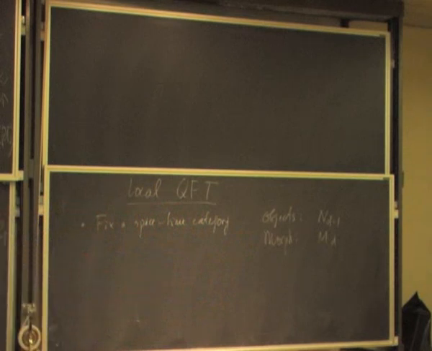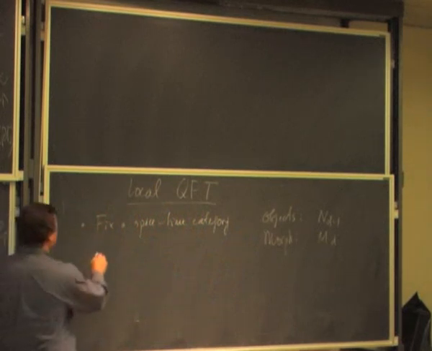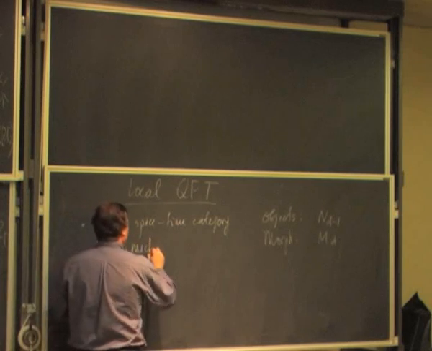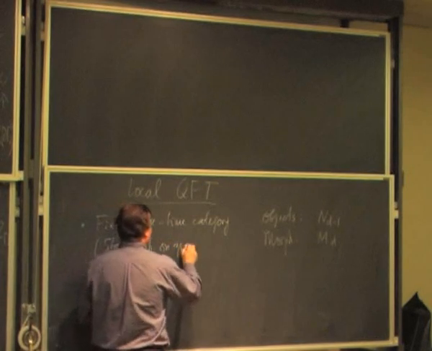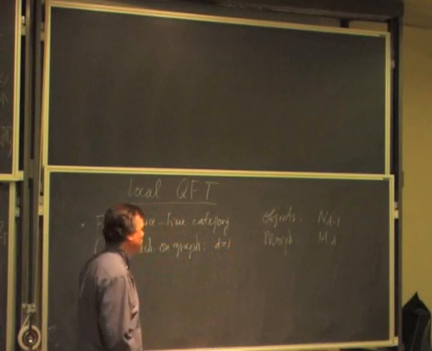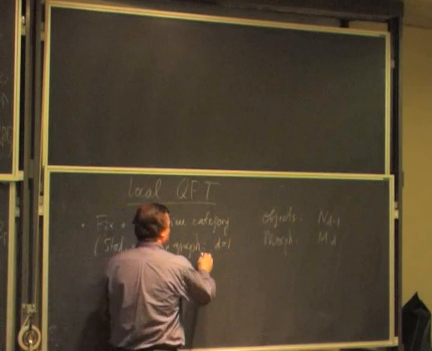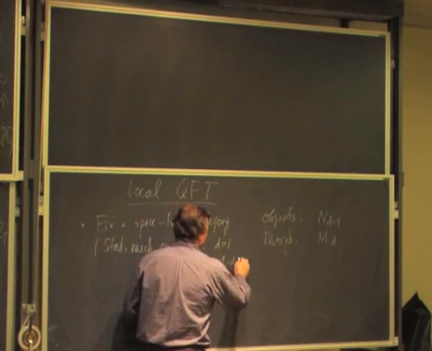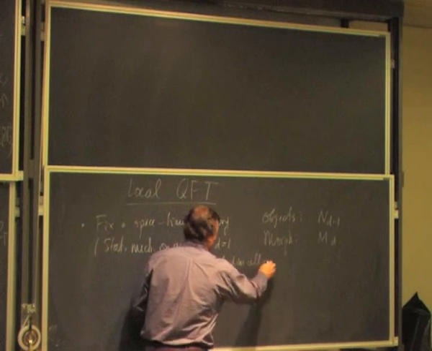And the example here, so statistical mechanics on graphs. This is the case when d equals 1 and when M_D are one-dimensional cell complexes.